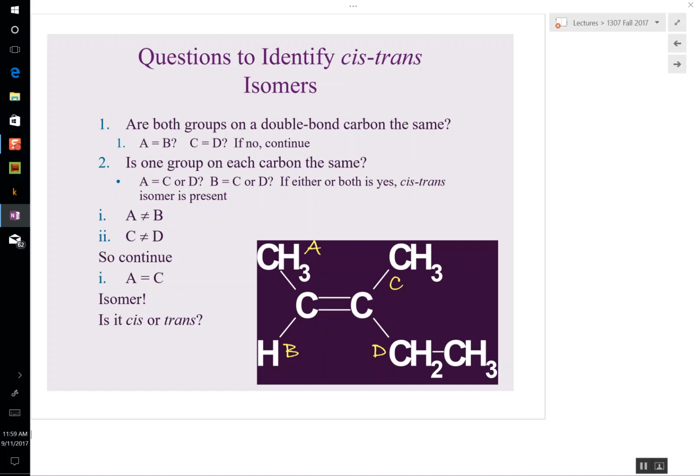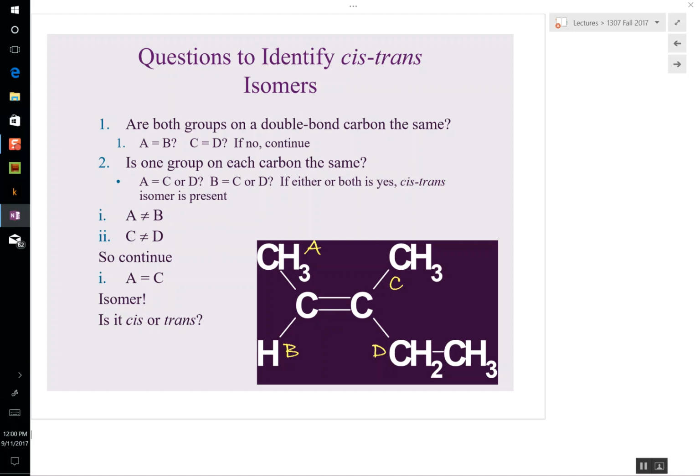This carbon has a methyl and an ethyl. Different. Okay. We might have cis and trans here. So each carbon has 2 different groups on it. Do the 2 carbons have some group that's the same? Yeah. We got a methyl here and a methyl there. So this and this are the same.